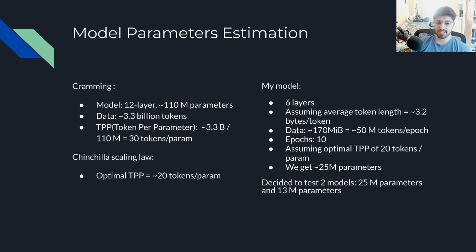My model uses 6 layers. The data is about 170 MB, giving us 50 million tokens per epoch. Using 10 epochs and the optimal TPP of 20, we get a requirement of 25 million parameters. I decided to test two models. The first uses half of that, coming to about 13 million parameters, and the second uses the full 25 million parameters.